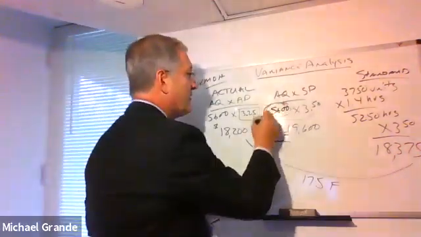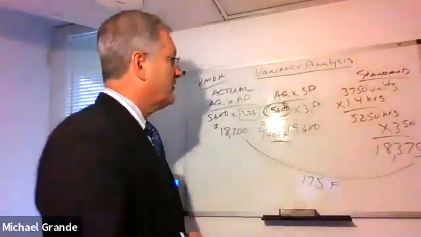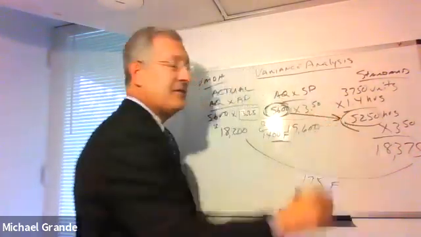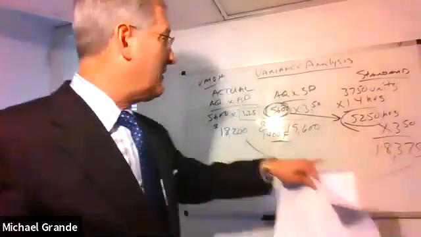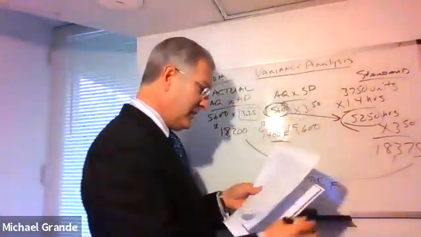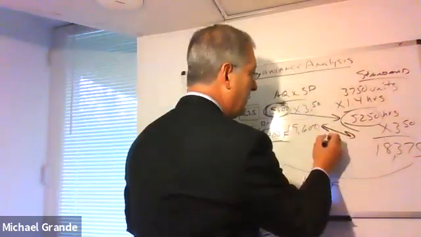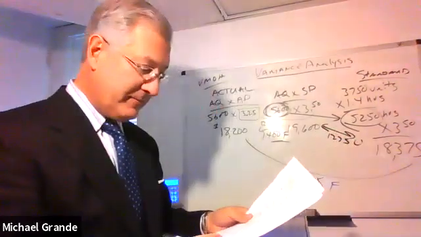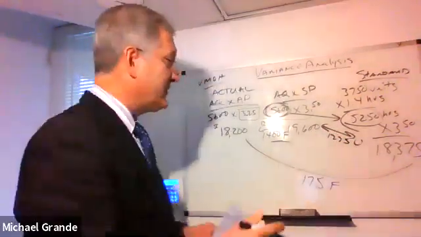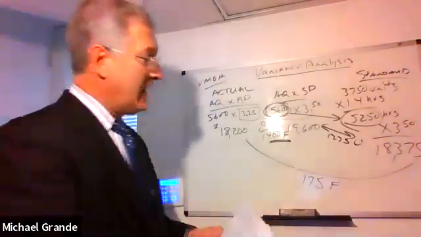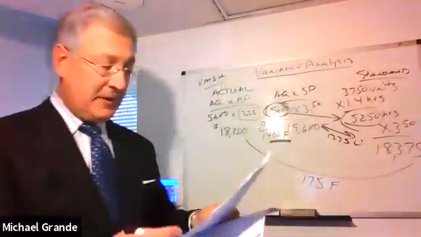That number is 5,600 AQ, right? So they were not efficient. They should have used 5,250 hours. They actually used 5,600 hours. They were inefficient. So you see this 1,225 unfavorable variance. They were not efficient. But because of the rate, you had a net favorable spending variance.